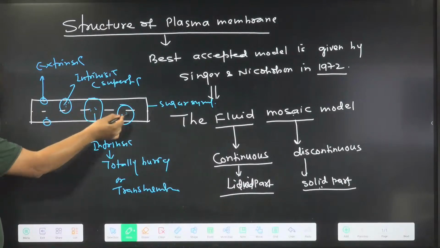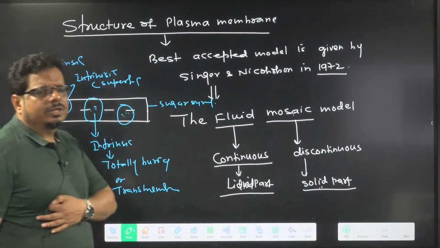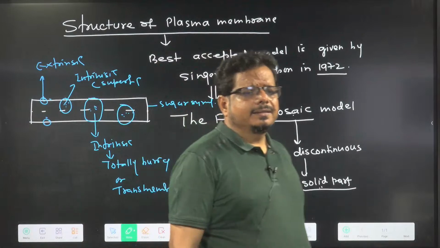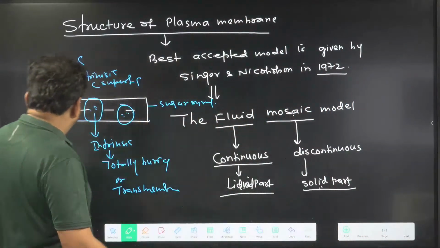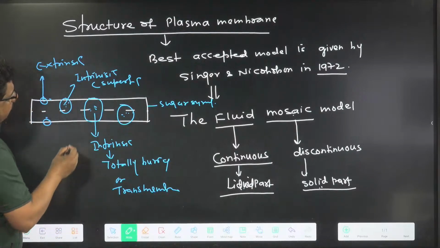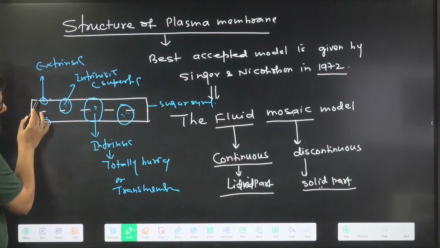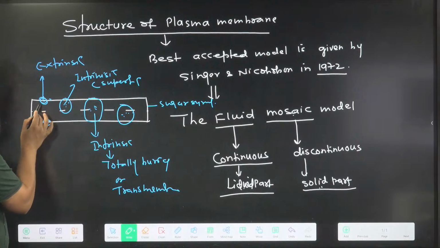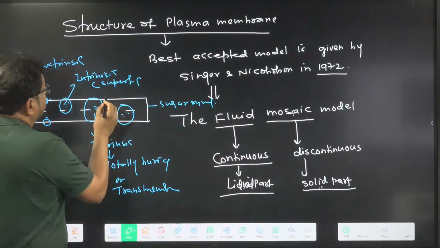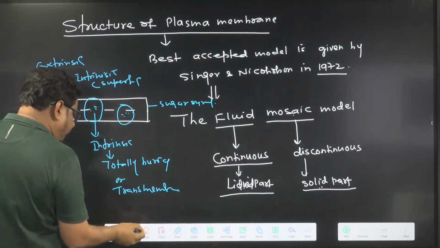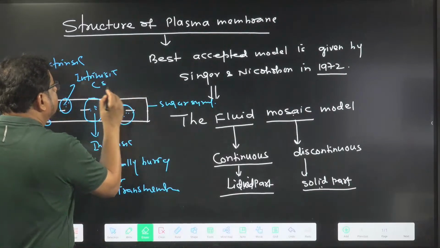What is present? Solid protein is present. Superficially means not totally deep. It is just the very outer layer. You just see an outer extrinsic protein, and here intrinsic superficially.